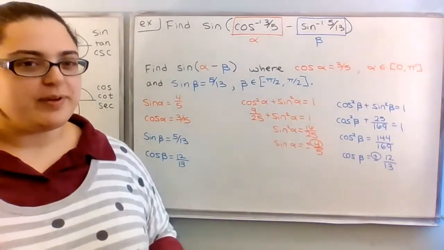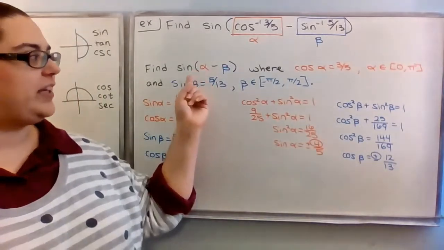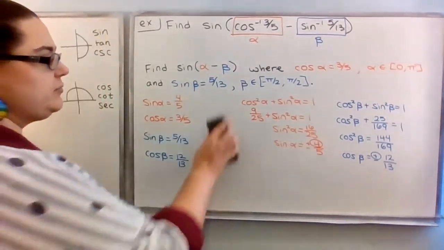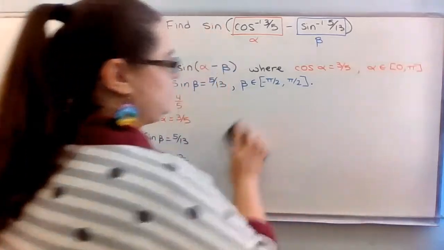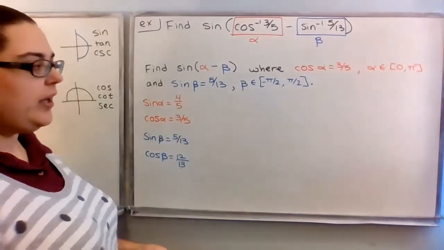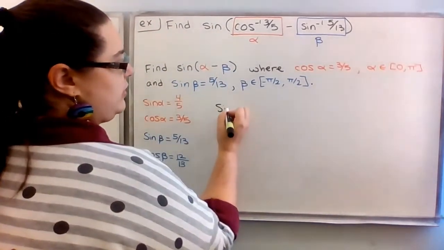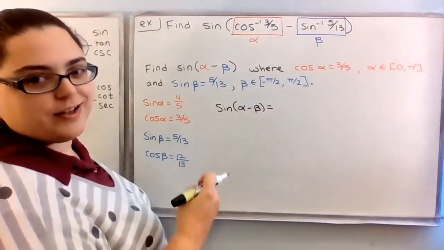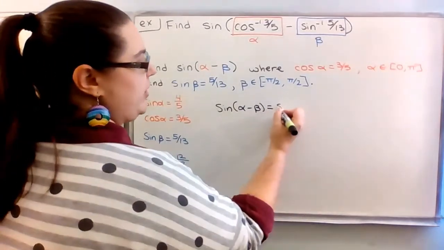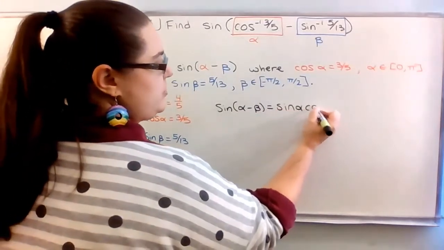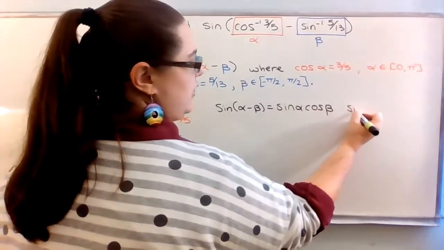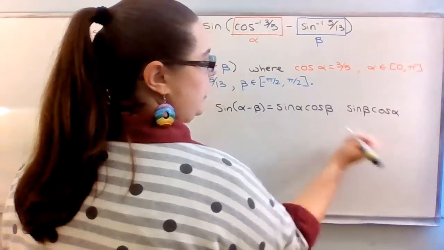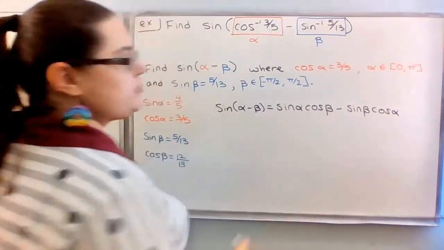Now we're going to apply this information with a difference formula to find what we need, sine of alpha minus beta. So I'm going to make some space for us here. And remember that sine of a difference, alpha minus beta, can be found using sine, cos, same. So we have sine, cos. Now I switch the angles, so sine, cos, and then the same operation, so subtraction.